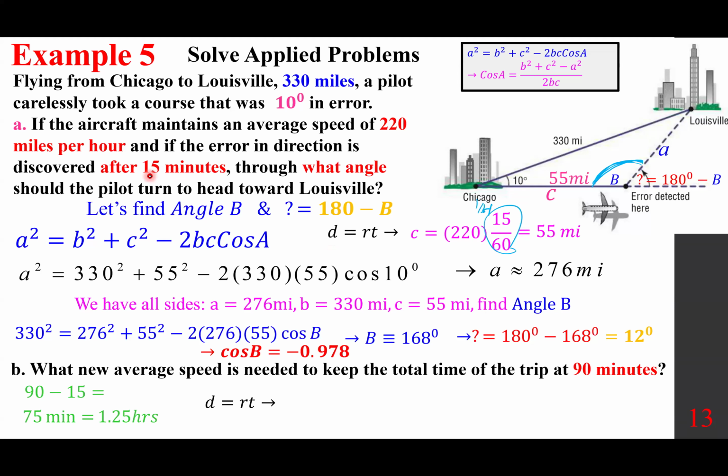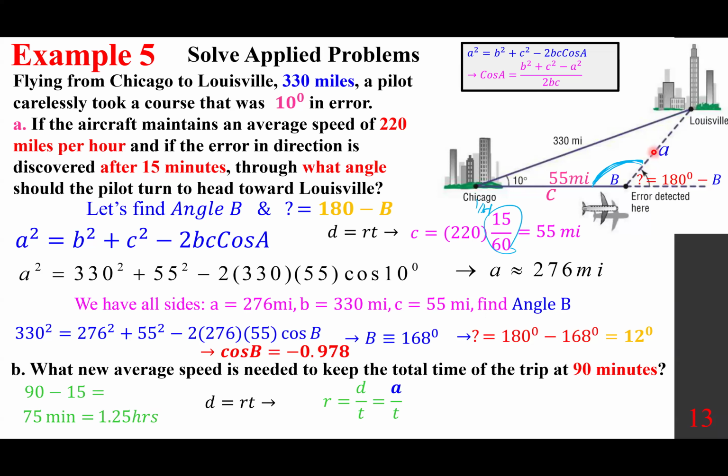D equals RT, R equals D over T, and the distance is A over T. This is the distance we want to cover, right? If we divide it by T, how much time do we have left? 1.25.